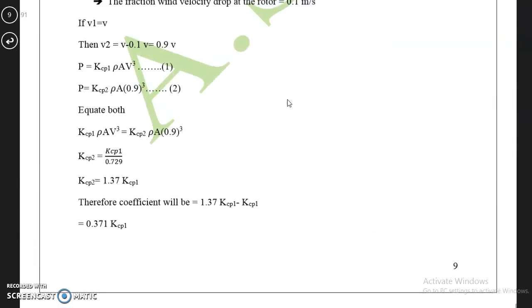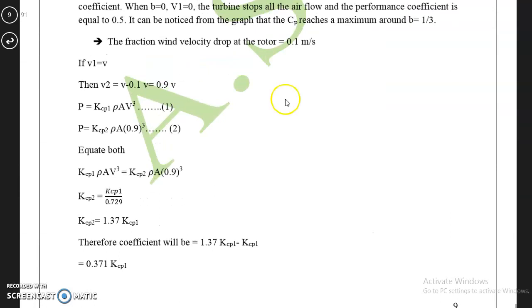So moving on, then there is rho in the formula. Rho is basically density of air, which is usually 1.25. A is area of rotor of windmill, and V is wind velocity.